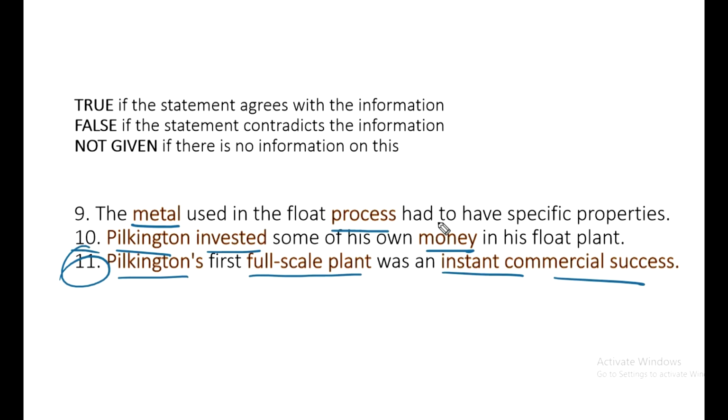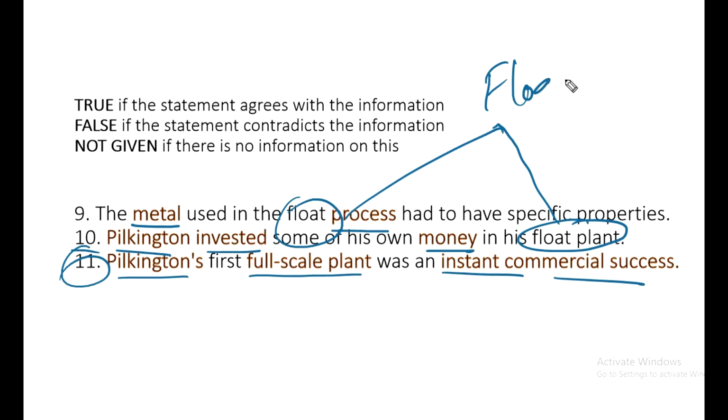You may have noticed I have left out certain words like float, float plant. Do you believe that these keywords are going to help us? Because the entire passage is about float. So these kinds of keywords are repetitive and useless.